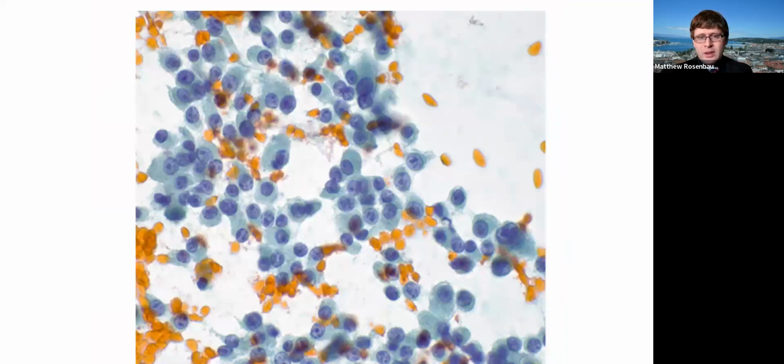You can argue that some of these do have this classic salt and pepper chromatin. You can definitely have nucleoli in this entity, especially in the pancreas. So some people will say, oh, you don't see nucleoli in this entity, but you definitely can, especially in the pancreas. The cells themselves are, like I said, plasmacytoid, not horribly atypical looking, with relatively round and smooth nuclear membranes.